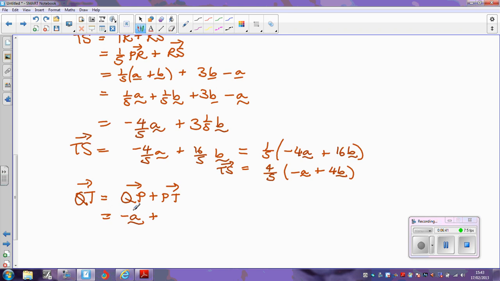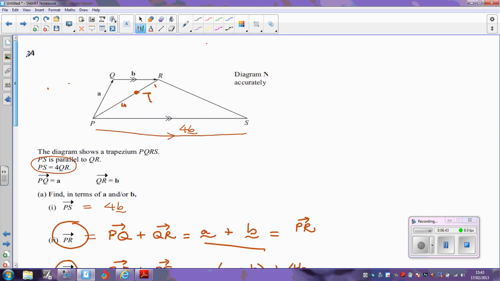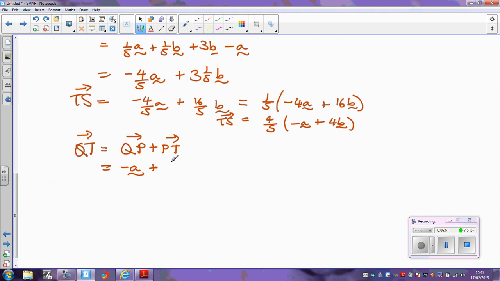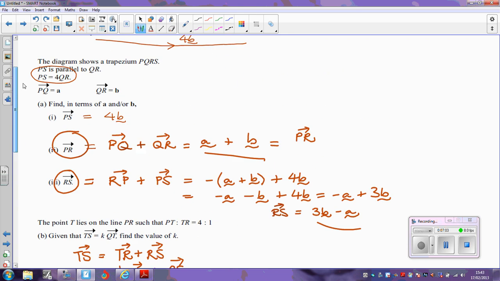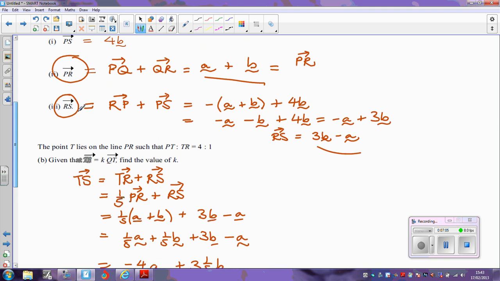And at the same time, PT, well, let's have a look at PT. So to get from P to T, well, that's 4/5 of PR. So let's just write that. So 4/5 PR. And let's keep going there. So it's minus A plus 4/5. And let's have a look at what PR was. Well, PR was there.